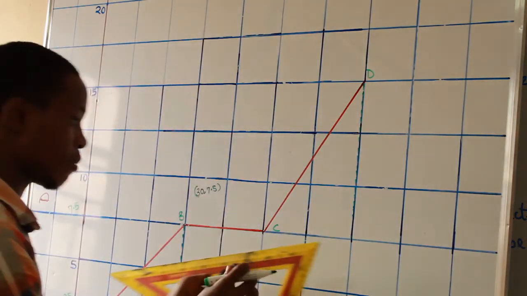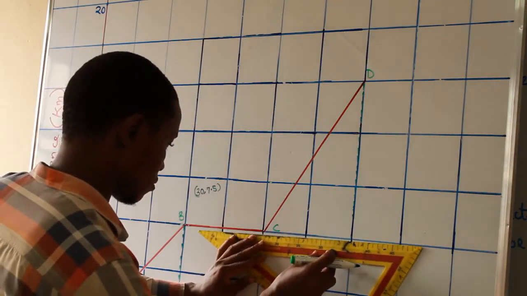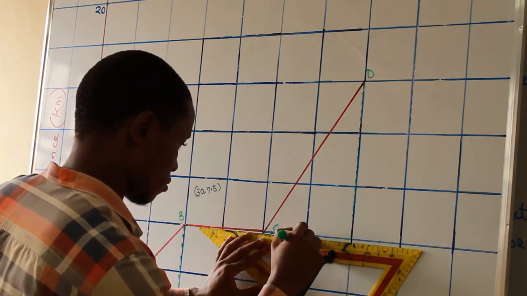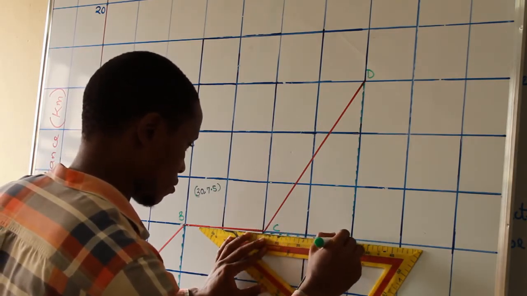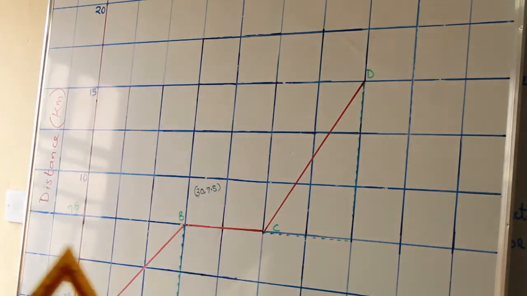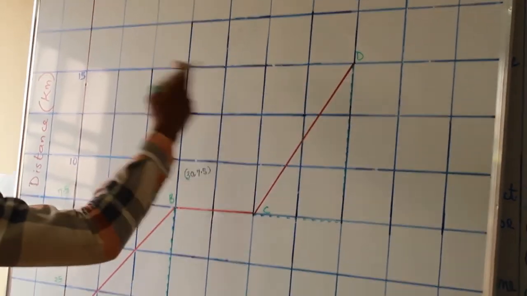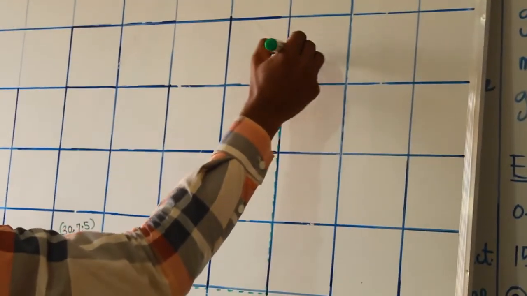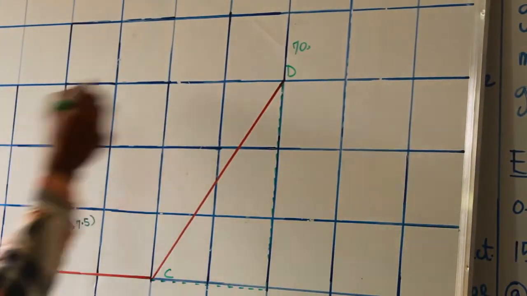And then I'm tracing it back to C. Now, the point D, according to our coordinate system, is 70, 15.